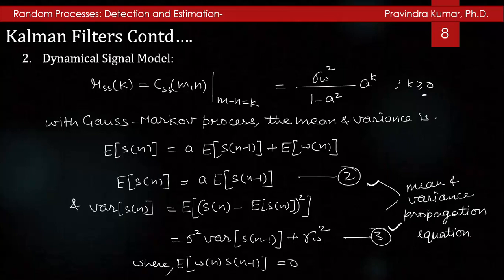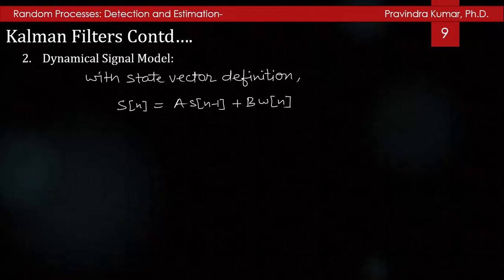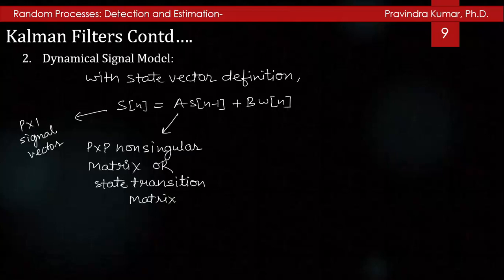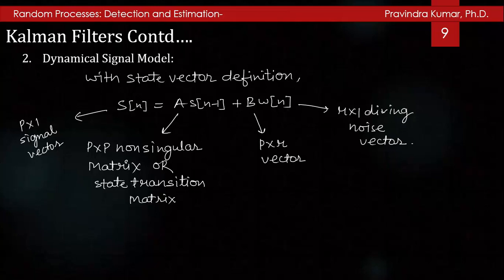With the definition of the state vector, we have Sn is equal to A Sn minus 1 plus B omega n, where Sn is a p by 1 signal vector, A is a p by p nonsingular matrix, or the state transition matrix, B is a p by r matrix, and omega n is the r by 1 driving noise vector.